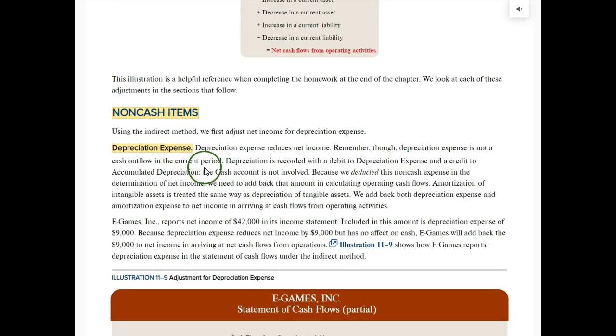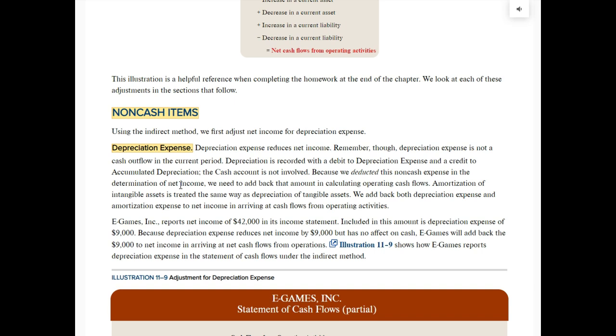Now, a non-cash item: depreciation expense. We see this in the income statement. Remember, the entry to record depreciation expense is, as an adjusting entry, debit depreciation expense and credit accumulated depreciation. That is not a cash flow entry. Cash flow is not affected. It goes to the income statement and it lowers net income, but it's not a cash flow number.